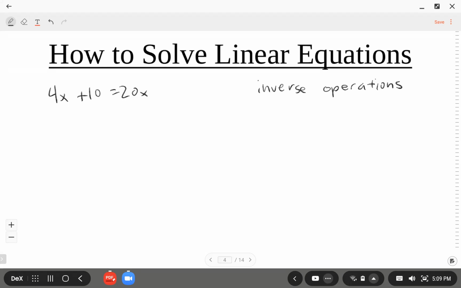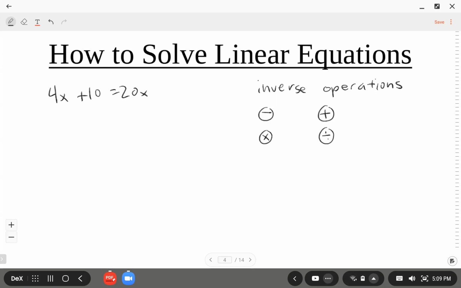Let's say the minus symbol: the inverse operation of that would be addition, right? And multiplication: the inverse operation of that would be division, right? Those are very basic inverse operations.